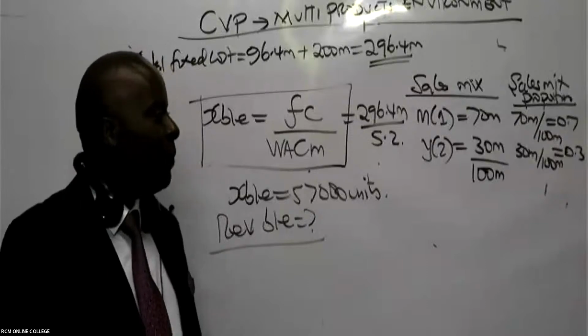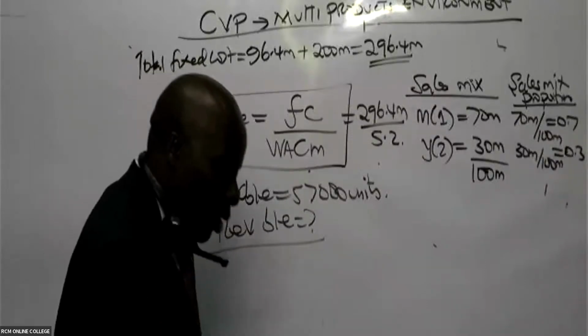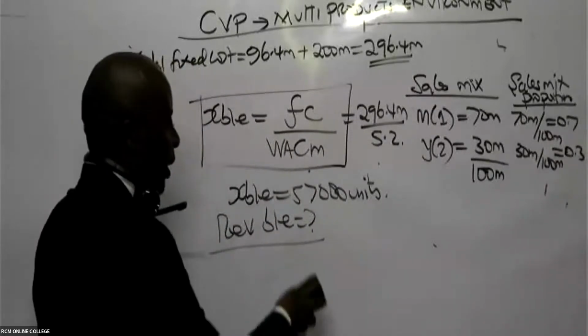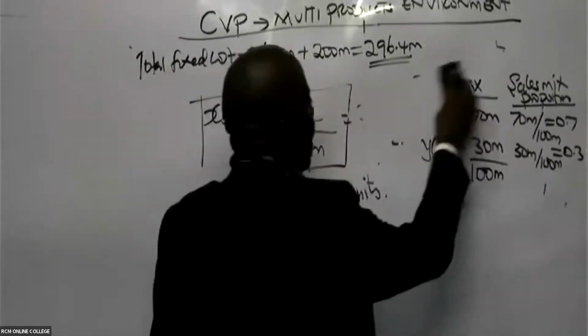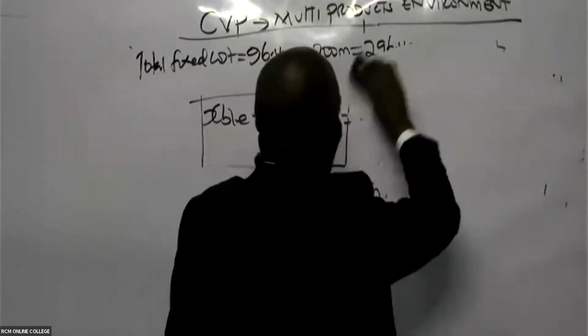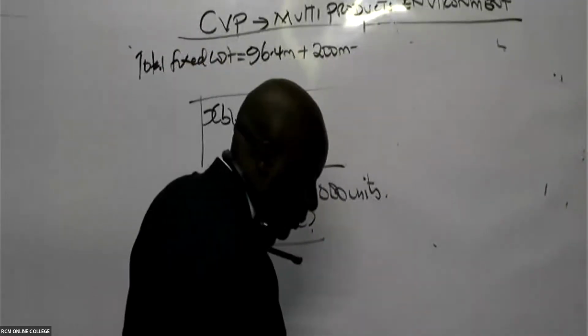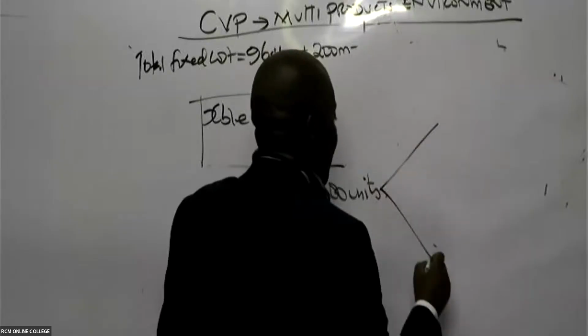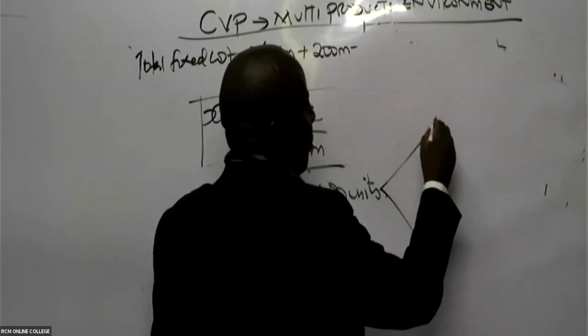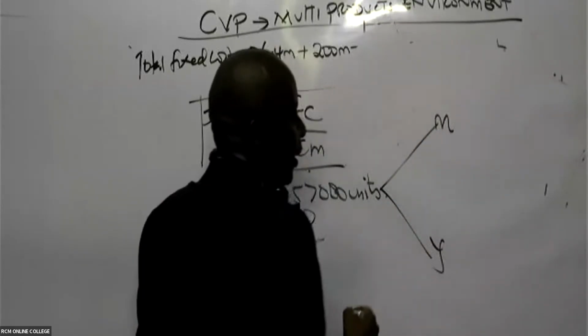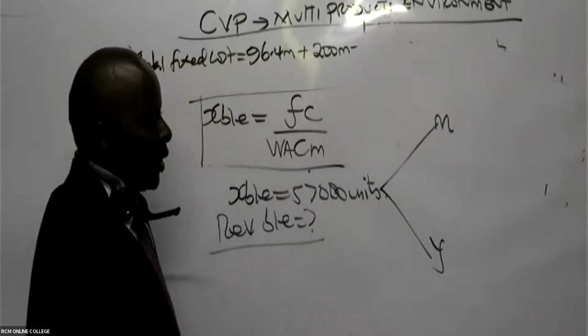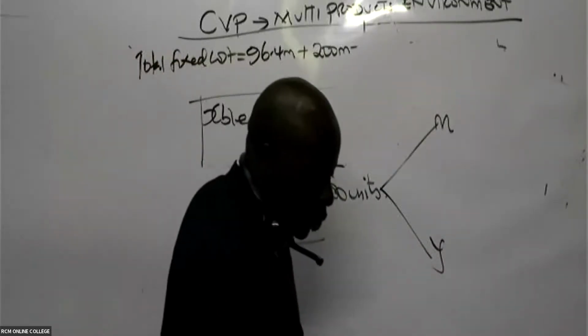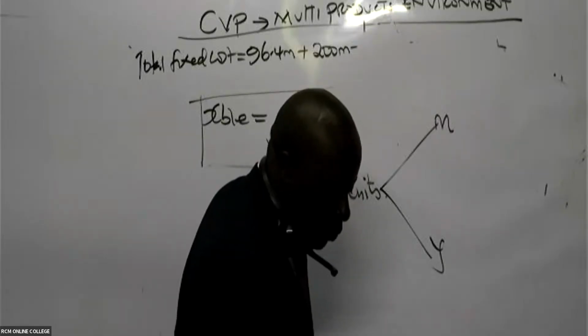Before I go to the CMR concept, this is how I can comfortably convert this number of units to revenue. I will break this down to product M and product Y. Is there somebody who can give me the criteria that I will use to break down the combined quantity?